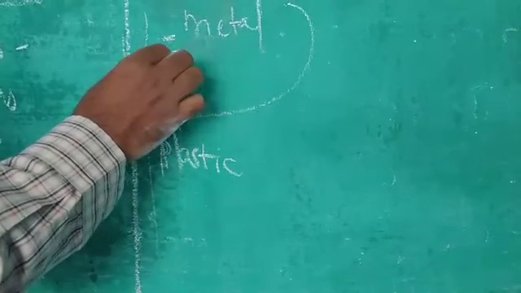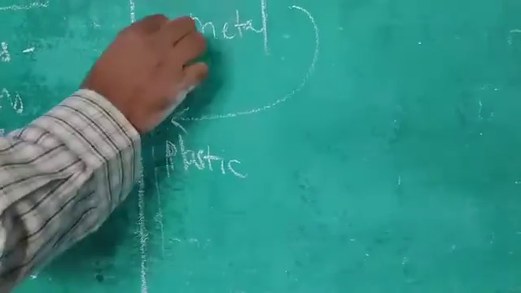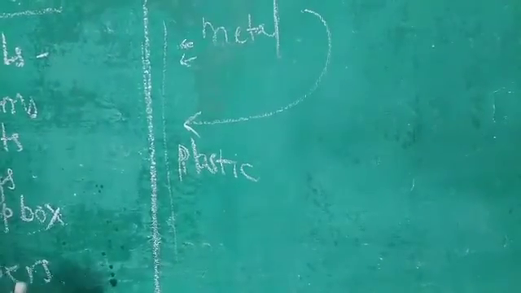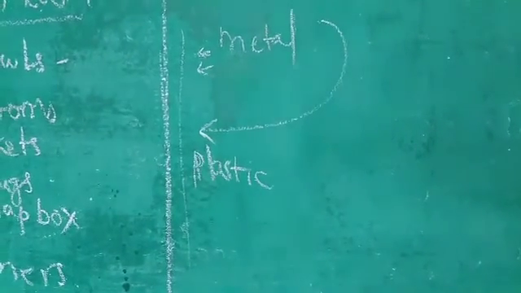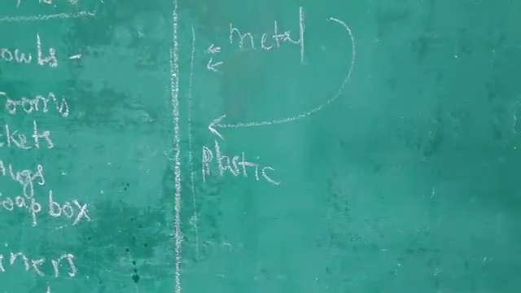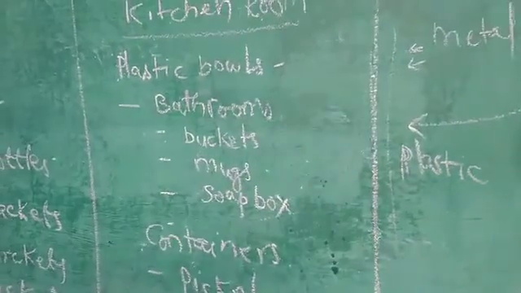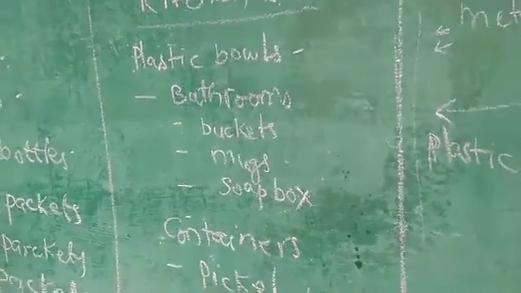Iron or any metal is very heavy to lift, whereas these are very light. That's why, and they are affordable and durable also. That's why they play a key role in our life.